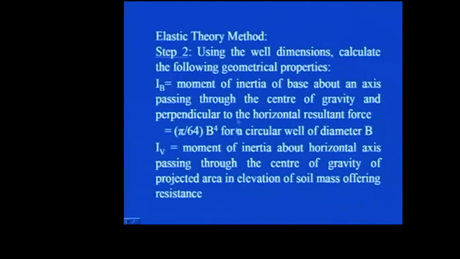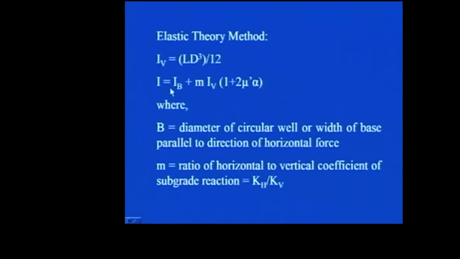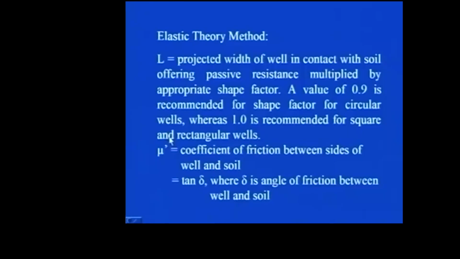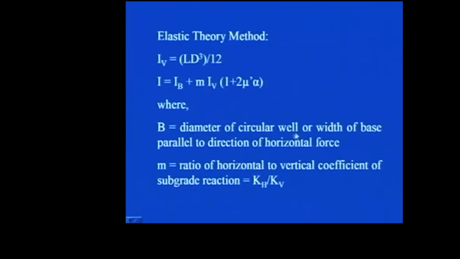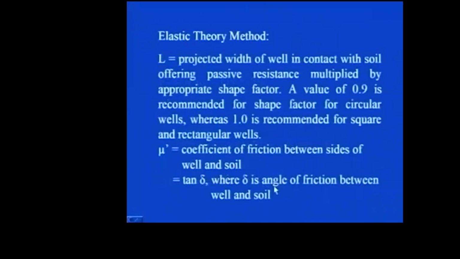So, once you know these two properties, you have IV as L d cube by 12, and then you can obtain this expression for I as IB plus m IV into 1 plus 2 mu prime into alpha, where B is the diameter of circular well or width of base parallel to the direction of horizontal force. m is the ratio of horizontal to vertical coefficient of subgrade reaction, that is Kh upon Kv.